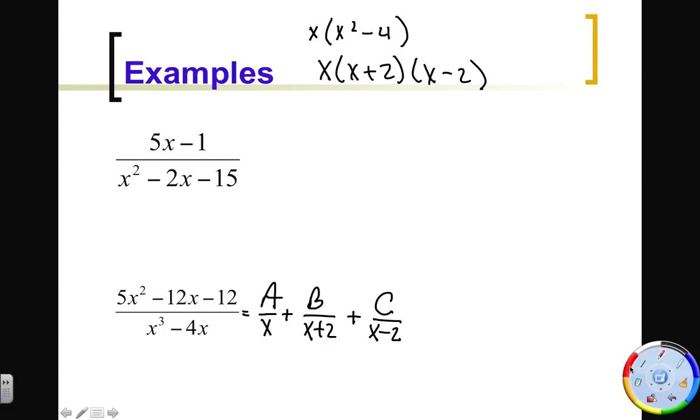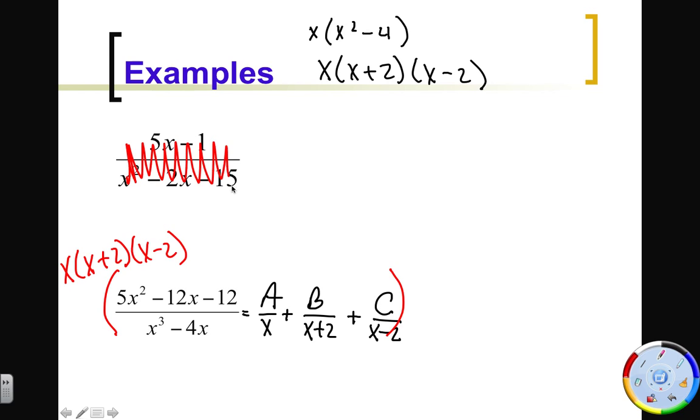All right, so let's do this a little bit differently. Let's do it thinking about multiplying by the common denominator of x, x plus 2, x minus 2. So my denominator cancels on the left.